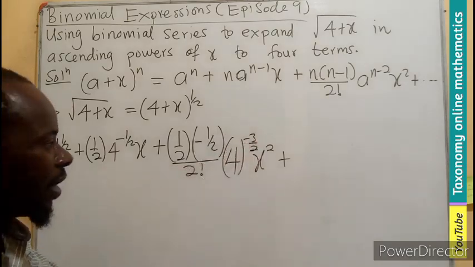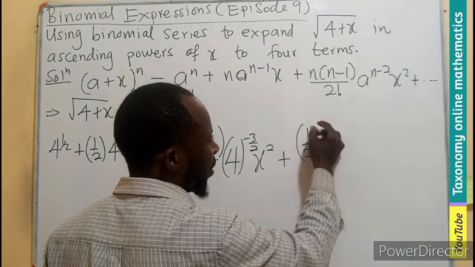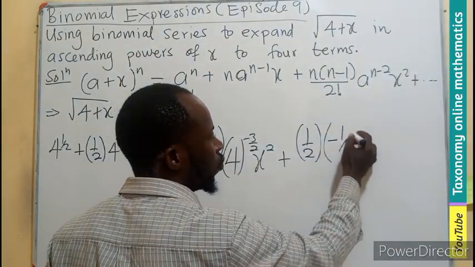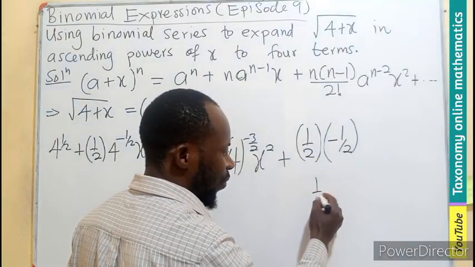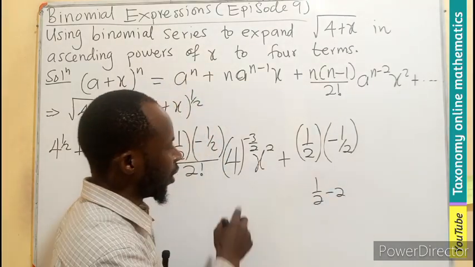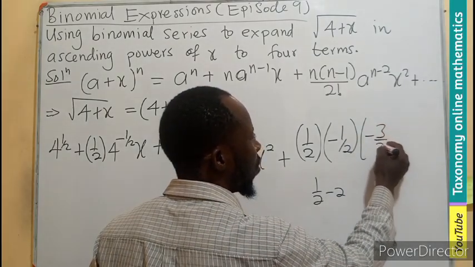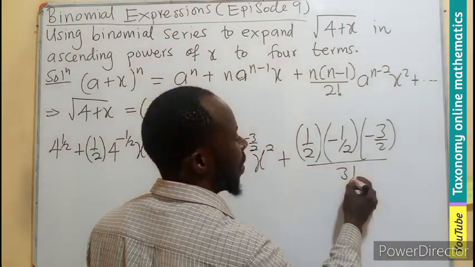Plus, first term, second term, third term. So we are going to the fourth term, which will be n, that is half, times negative half, which is this. Then n minus 2, which is half minus 2, will be the next one. And what do we get? We get it here to be minus 3 on 2. Then we have our 3 factorial.